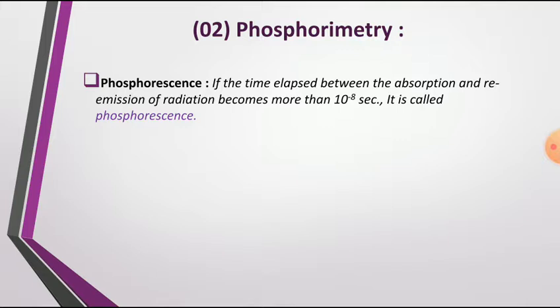That means the time between absorption of radiation by a particular sample molecule and re-emission of radiation by that sample molecule becomes more than 10 raised to minus 8 seconds. The process is called phosphorescence.